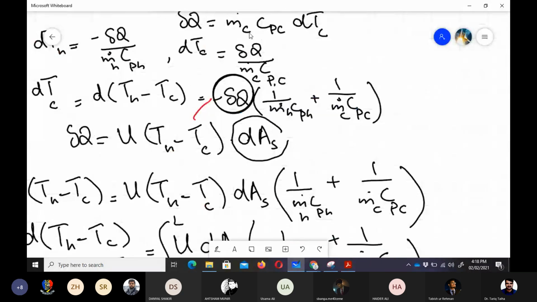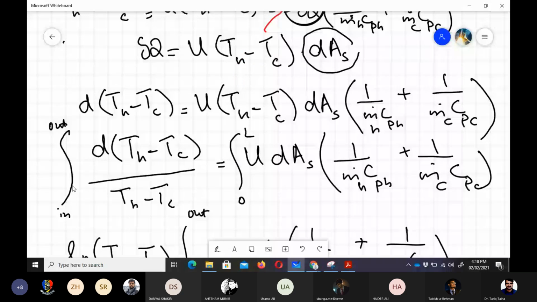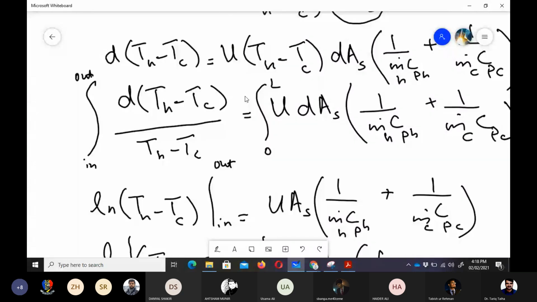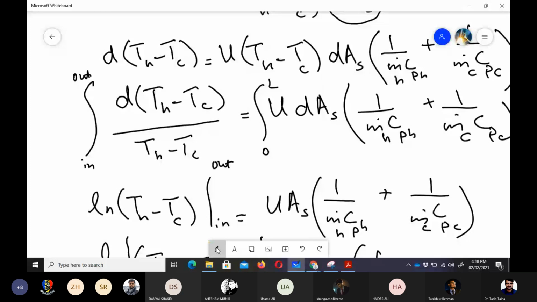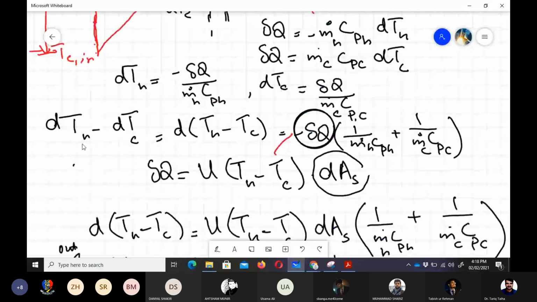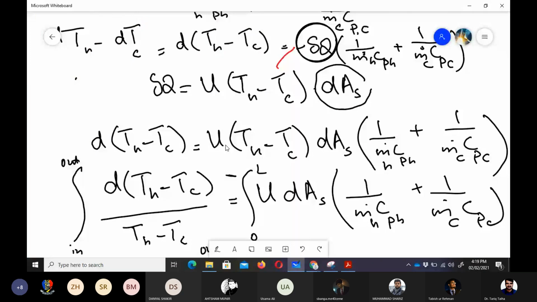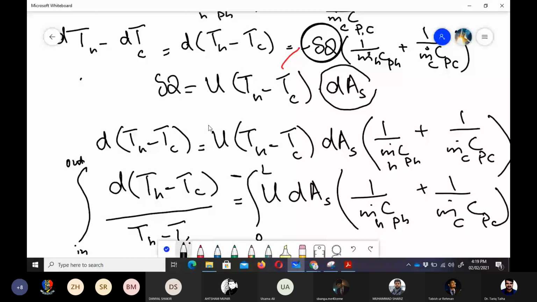One thing we might have missed: here it was minus delta Q. That minus should be here. In the derivation there was a minus here, so we need to keep that minus in the derivation.